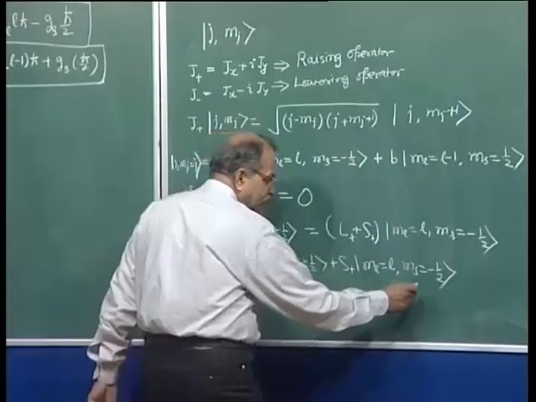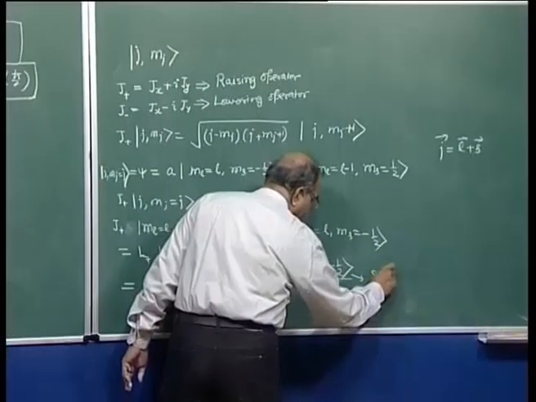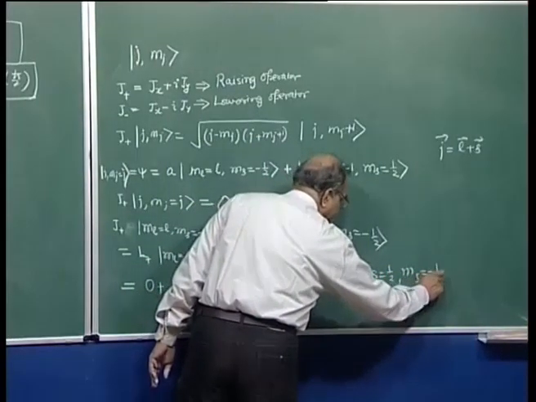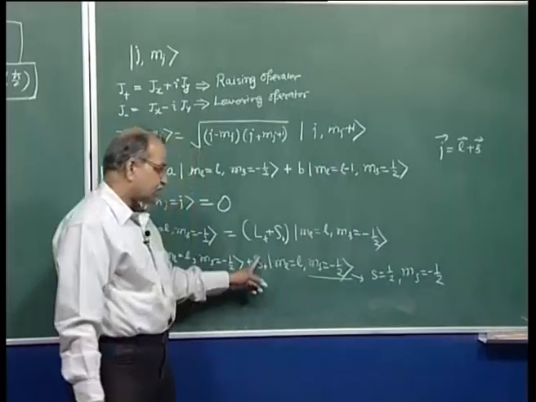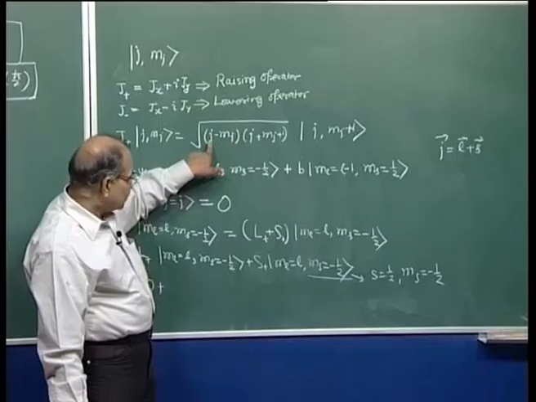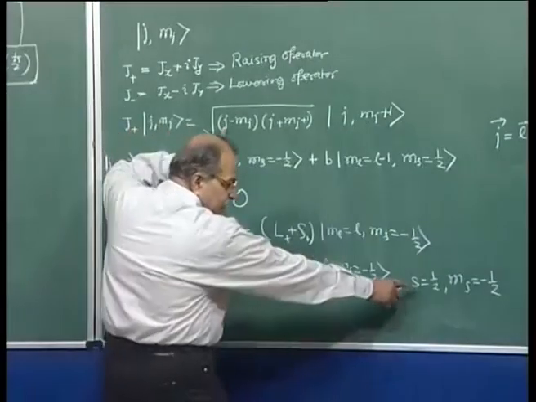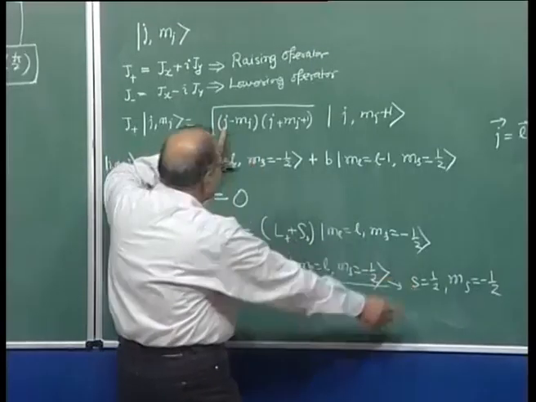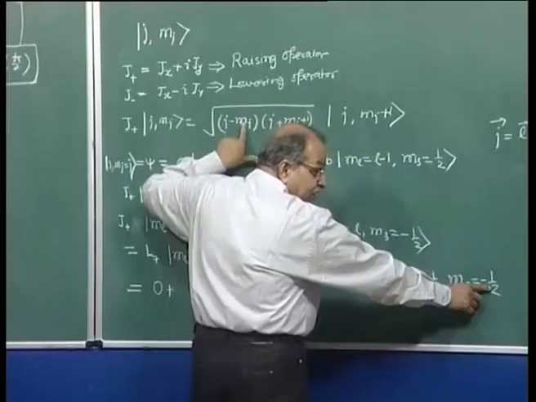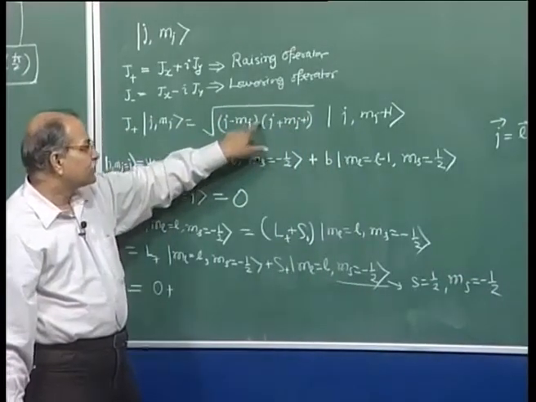Look at the spin part now, S equal to half and ms equal to minus half, and you are trying to operate S plus. So if you look at here, this j is this S, so this is half, and mj is ms, that is minus half. So half minus minus half, so this is 1.